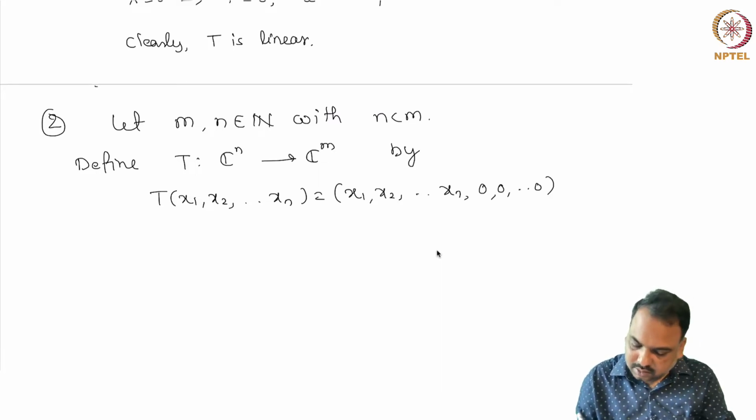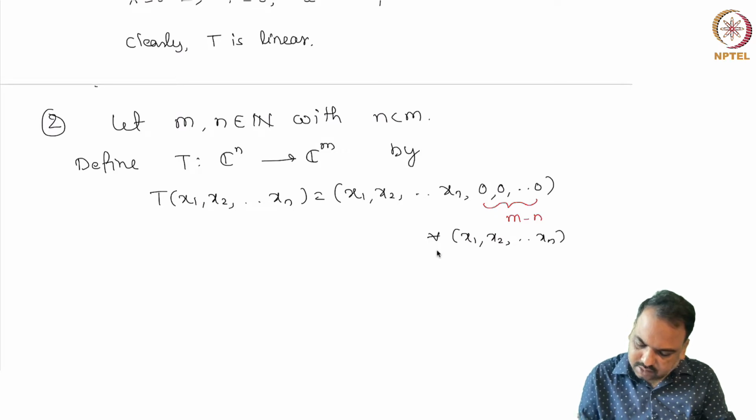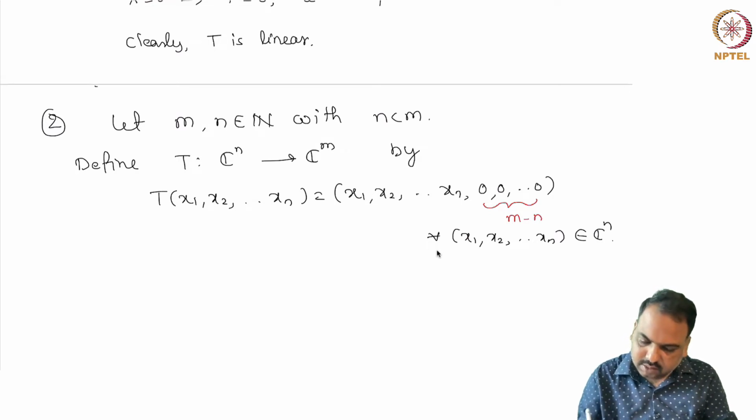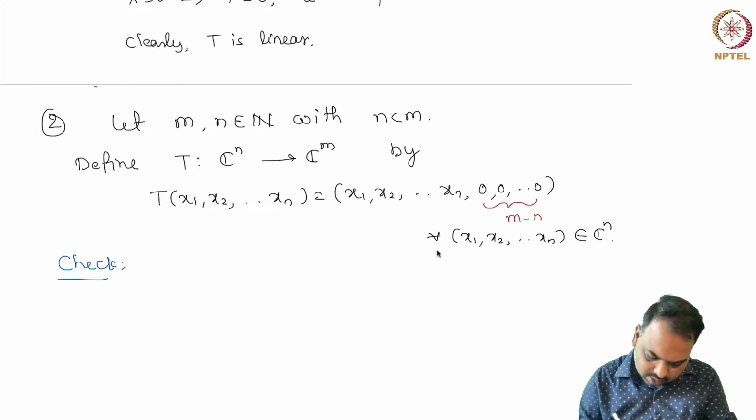The remaining components are m minus n, because m is bigger than n, for every x1, x2, and so on, xn in C^n. We can easily show that this map is linear. Check that T is linear.